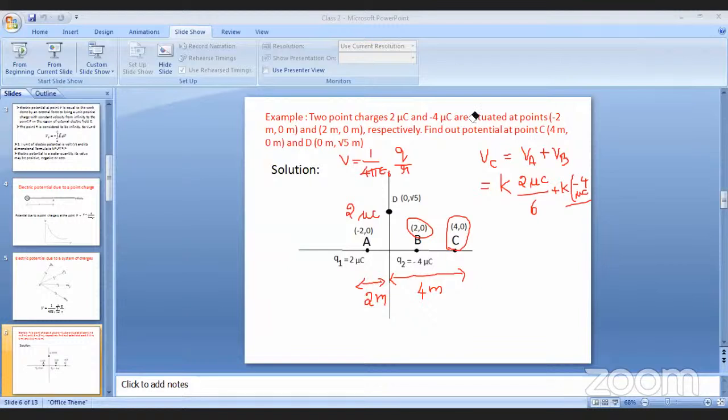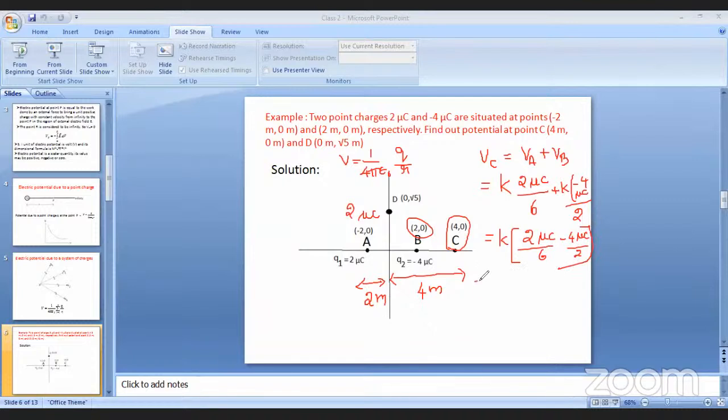So here I have to apply 2. So this is 2. And now you have K as common: 2 microcoulomb by 6 minus 4 microcoulomb by 2.